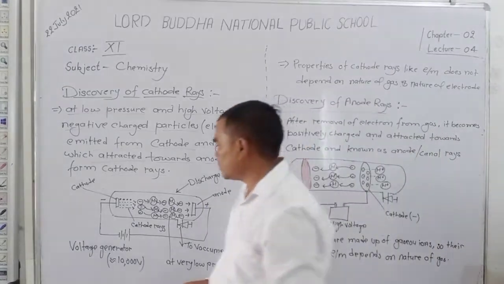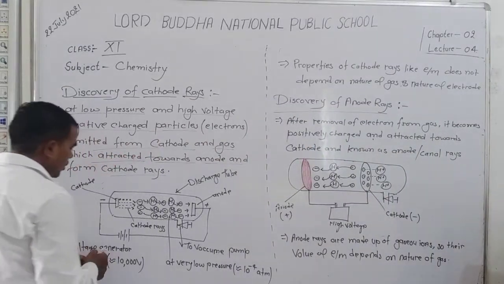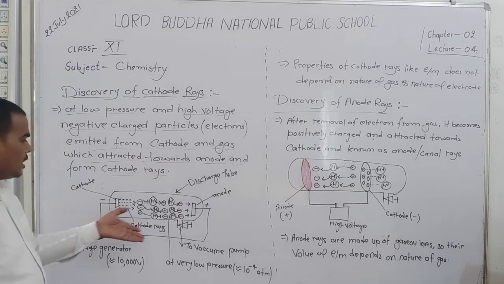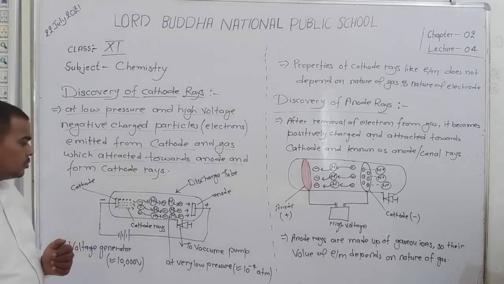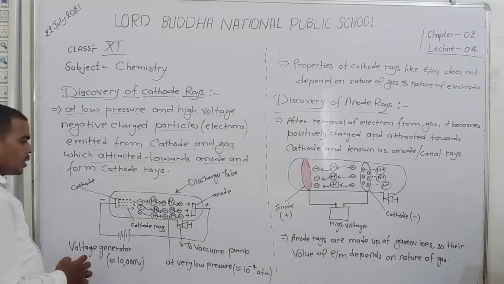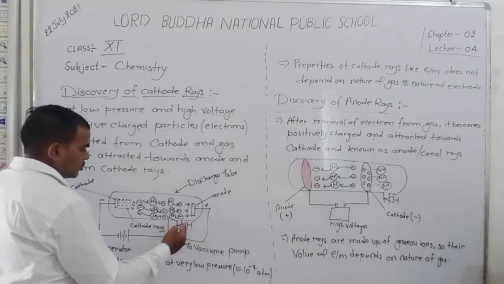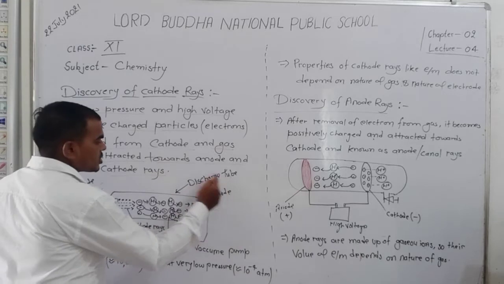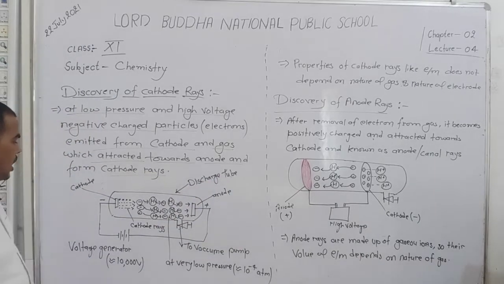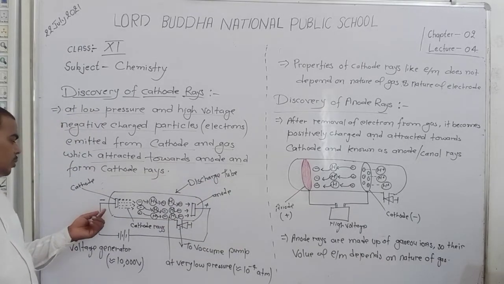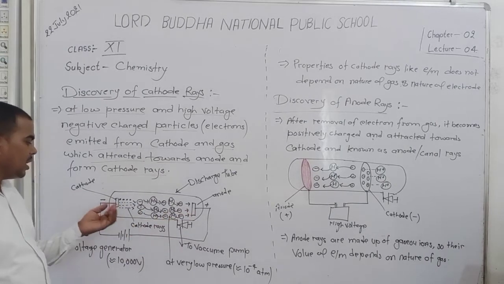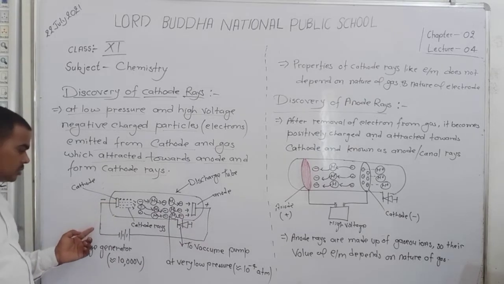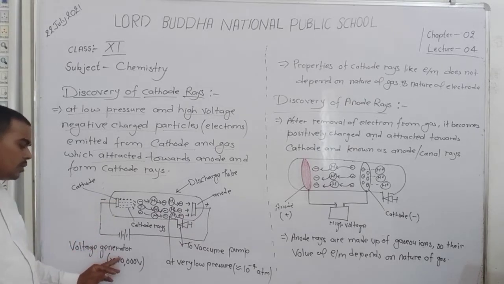Dear student, here is the setup of the cathode ray experiment. Here is a glass tube that is known as a discharge tube. In the discharge tube, there are two metallic plates, here and here. The metallic plates are connected with a voltage generator.